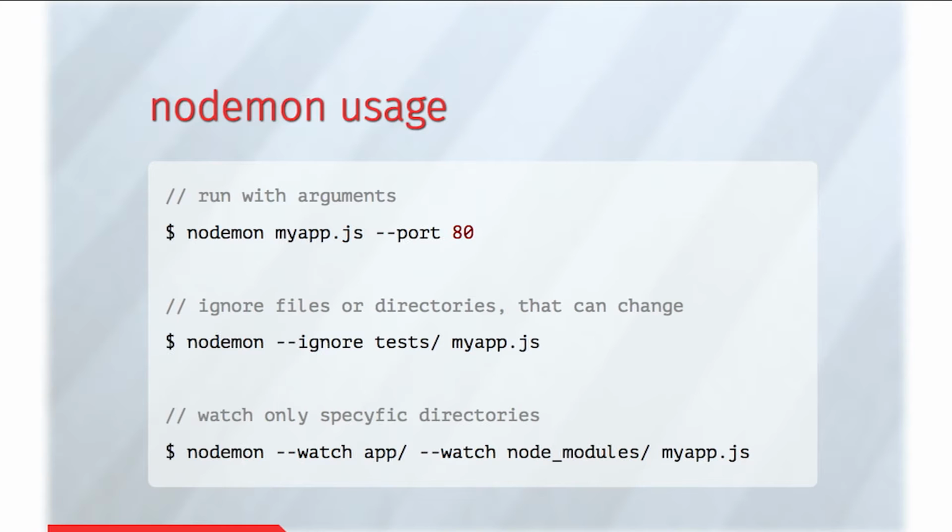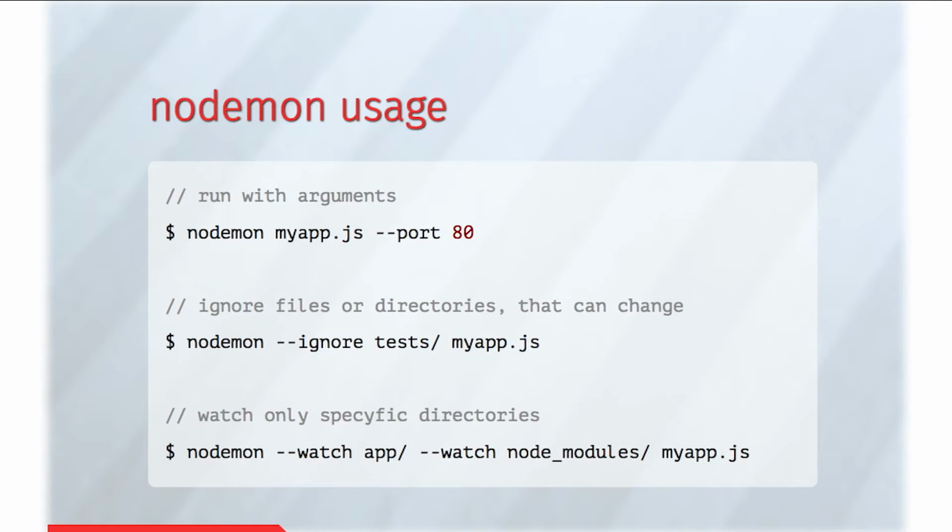Because, well, obviously, you can pass some arguments to your application so it doesn't disrupt the flow of your application, right? But sometimes you may have some directories or files that you don't want Node daemon to listen to. So there's a flag for that: ignore.